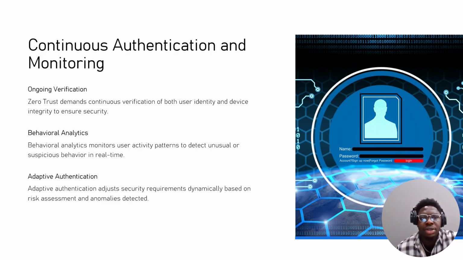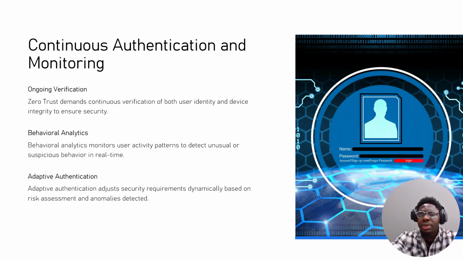Once they notice that something is going on that the user of this device does not usually partake in, that could be suspicious activity, so let's verify to see if the person using the device is actually the owner of said device. Adaptive authentication. Adaptive authentication adjusts security requirements dynamically, based on risk, access, and anomalies detected.